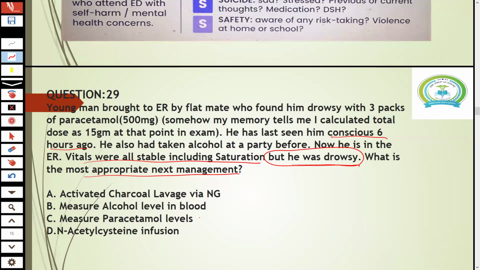Okay. So some of you are with C and some with C. Both are correct. But now we have to look at the scenario again.